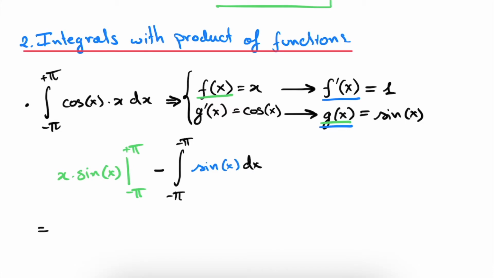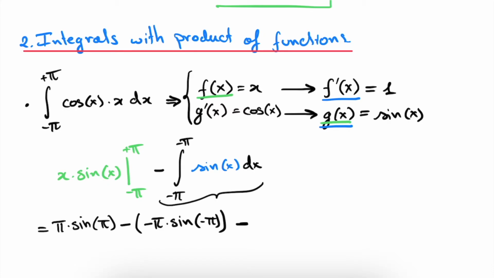And this becomes quite simply pi times the sine of pi minus, and now we have to be careful for the minus sign, so we fill in minus pi in x, so we have minus pi times the sine of minus pi. Then we subtract this integral, and this integral is a very basic integral, which becomes minus the cosine of x filled in the boundaries minus pi and plus pi.